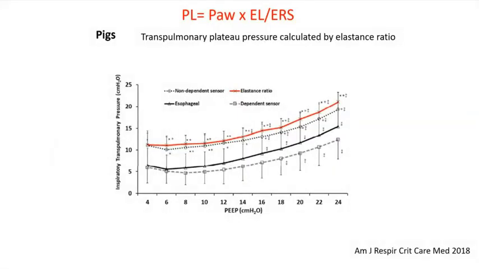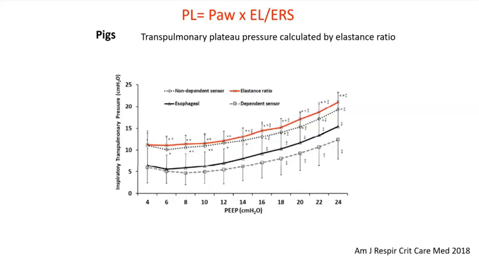However, when we look at the data from pigs, or I will show you human cadavers, we found this assumption to be probably correct or close to being correct at the non-dependent part of the lung. Remember, the non-dependent part of the lung is the part which is probably at the higher risk of distension.